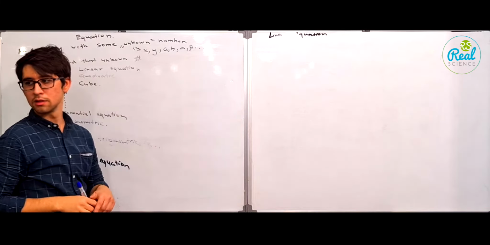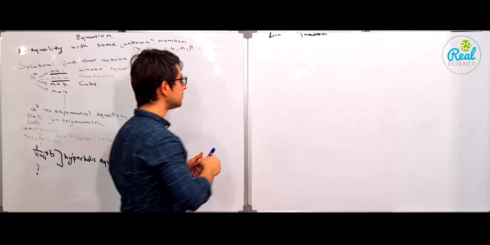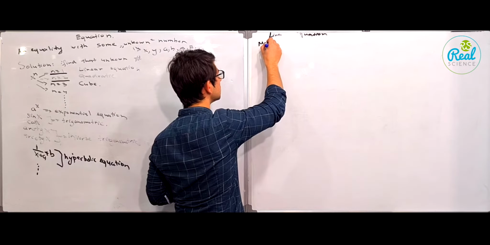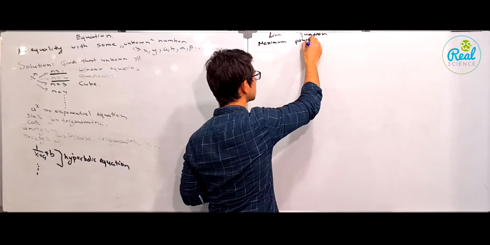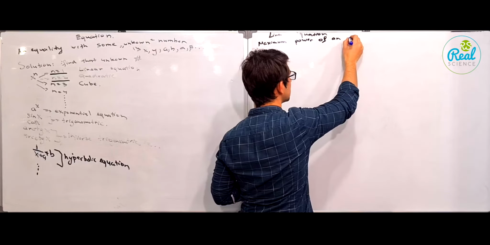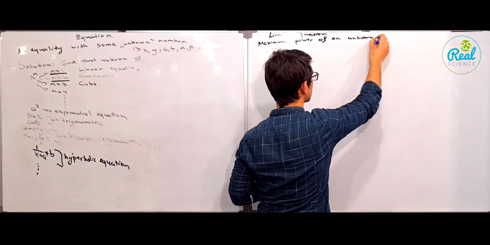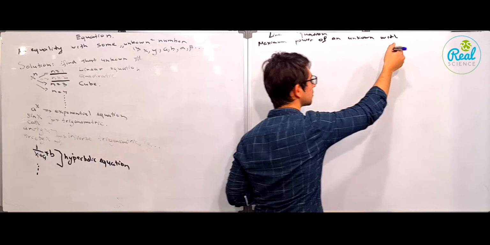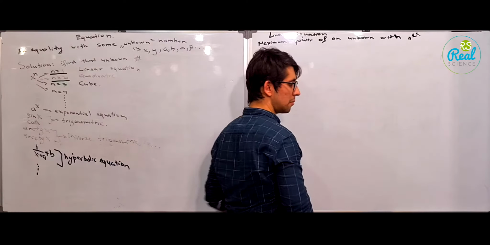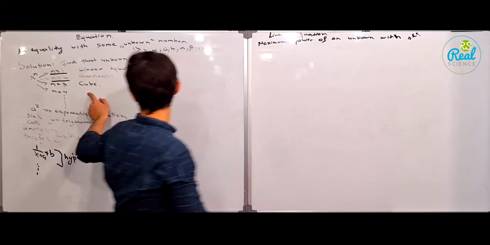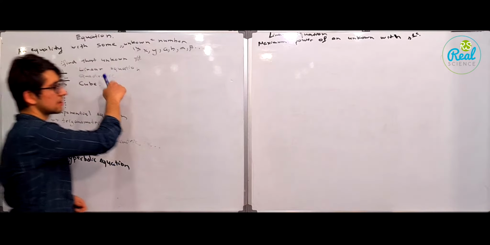The maximum power of an unknown is 1, right? I mean, when n equals 1, it becomes a linear equation.